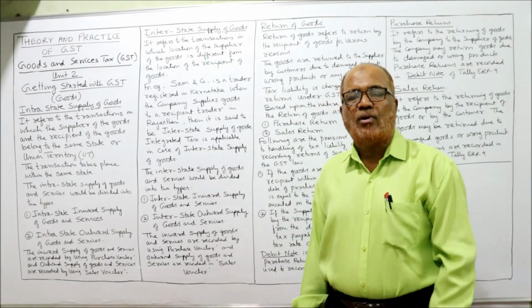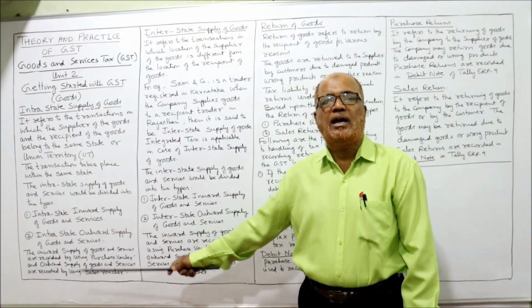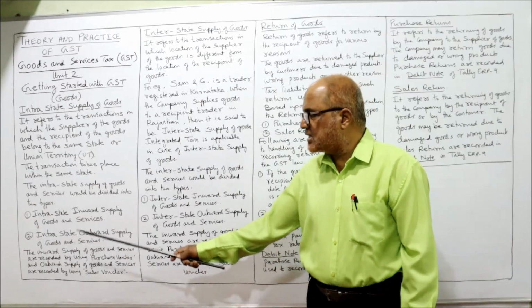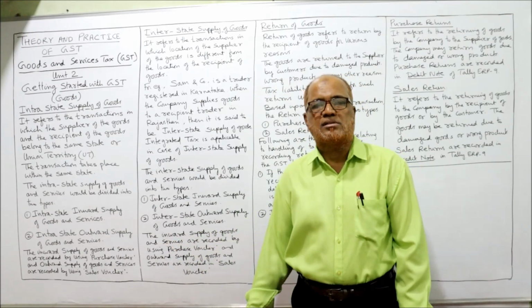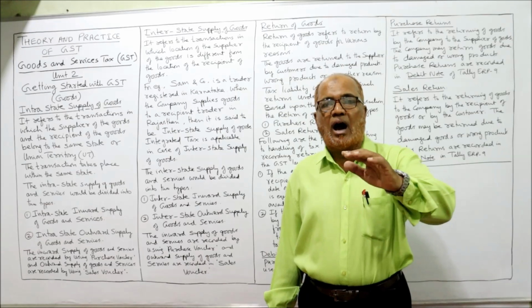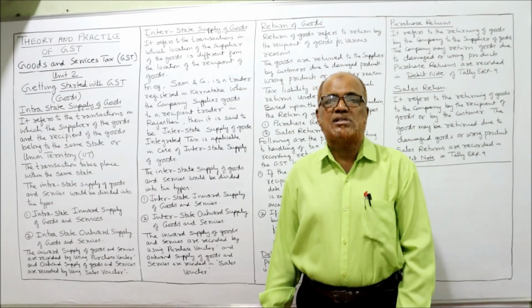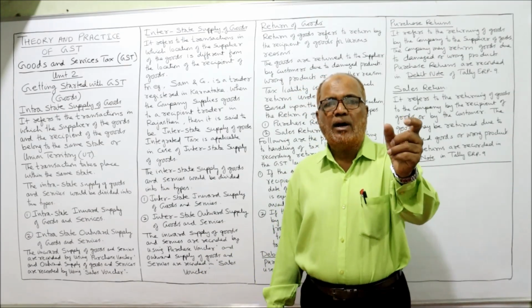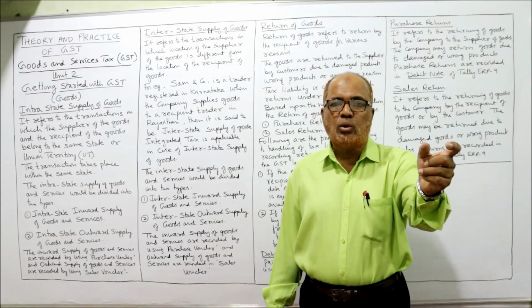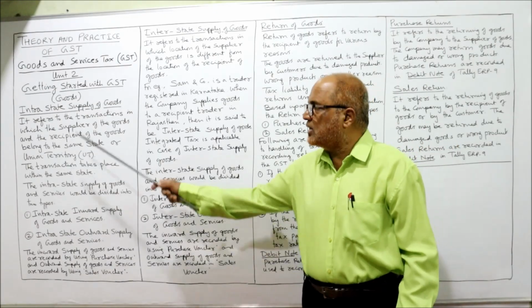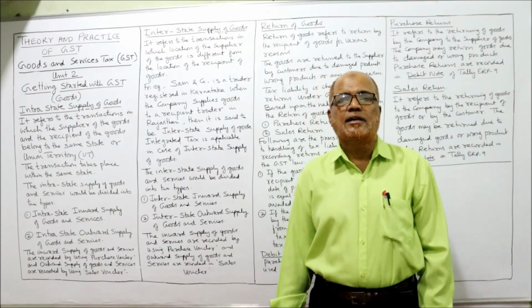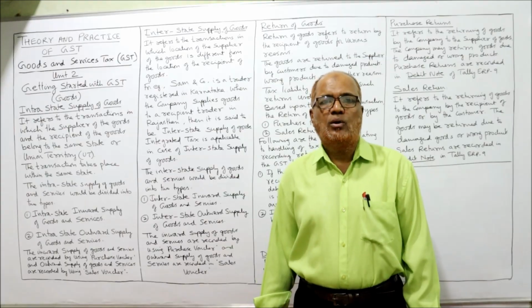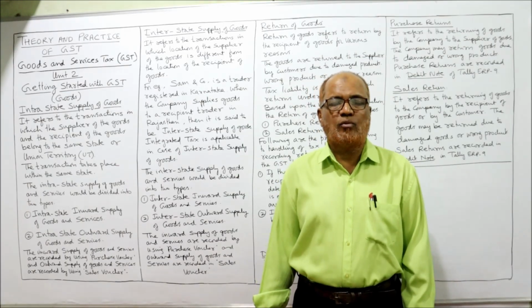The purchase voucher will be used for recording intrastate inward supply of goods and services, whereas intrastate outward supply of goods and services will be recorded in sales voucher. Simply inward purchase voucher, outward sales voucher. That you have to remember regarding intrastate. This question will be asked in short questions for 4 marks like that. What is intrastate supply of goods?